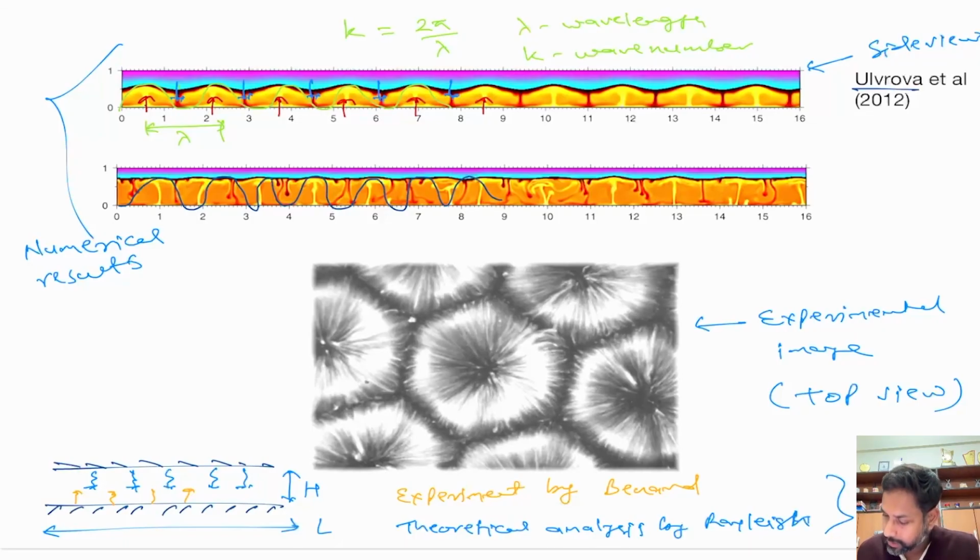Okay, and that is why together this convection is known as Rayleigh-Benard convection, okay, which happens between two parallel plates which are filled with a particular type of fluid. Okay, and so this was the very first time analyzed by Benard experimentally, and a few years later this was theoretically analyzed by Rayleigh. Okay, and today also we are going to analyze this particular case along with a few other cases.